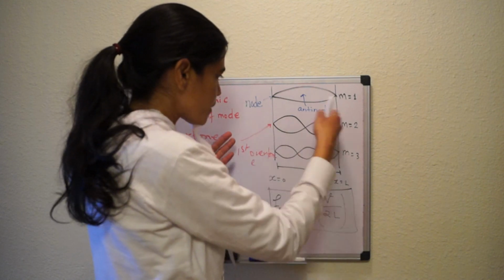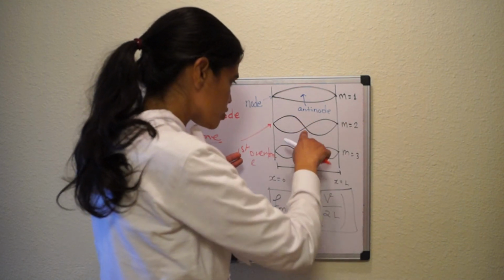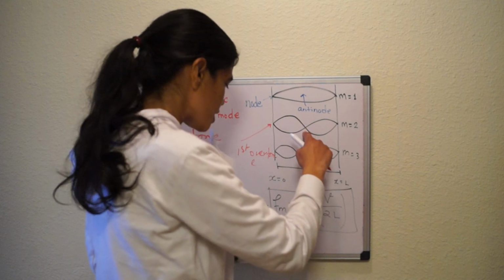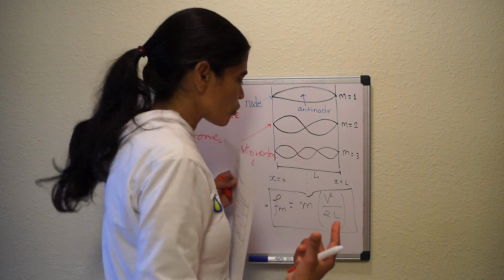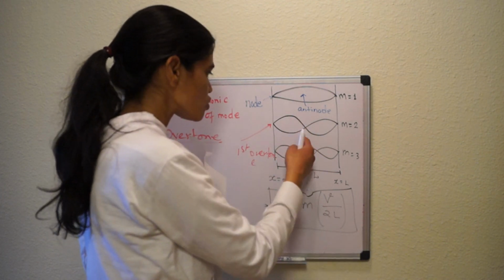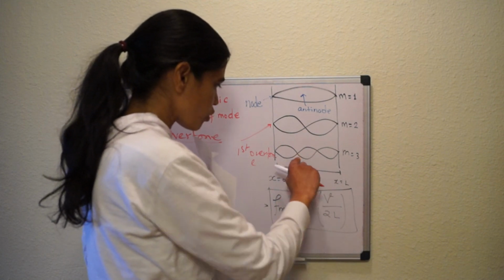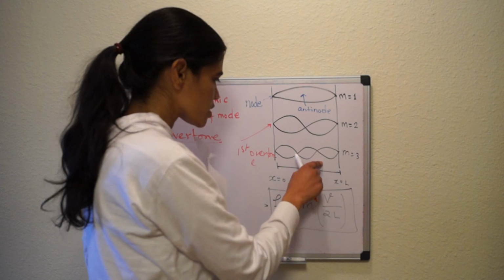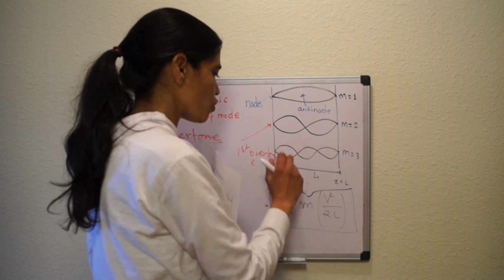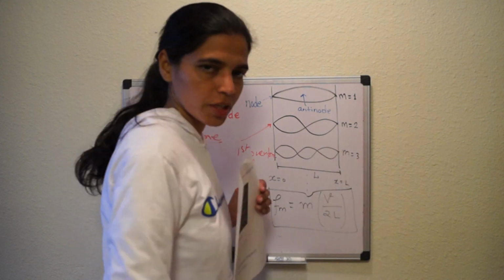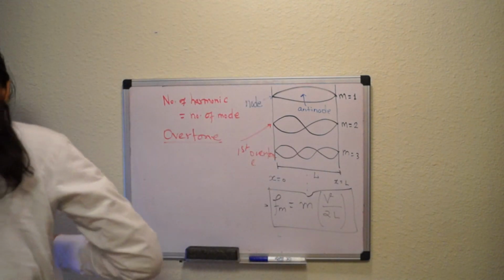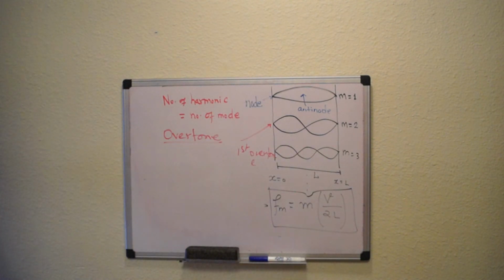Forget about the nodes on the boundary, but count how many nodes we have in between, and that will tell us how many overtones we have. So this is the first overtone. This one has two of those node points, so this is associated with the second overtone, third harmonic, and so on.